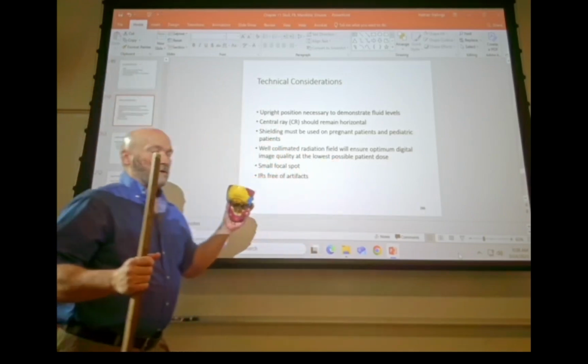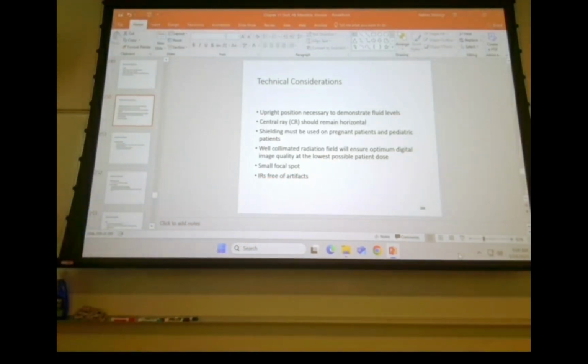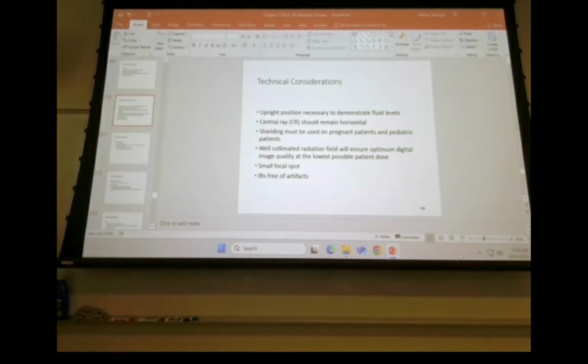Now, that's for the test. You've got to have a horizontal central ray. Sinuses, horizontal central ray, right? So you can see air fluid levels. I'm going to refer you back to page 96. Can you see air fluid with a 45-degree angulation?